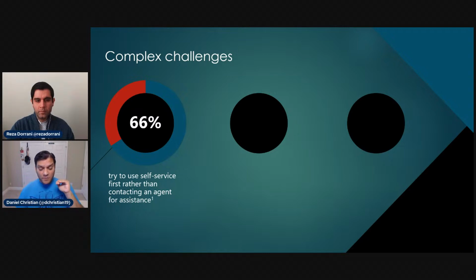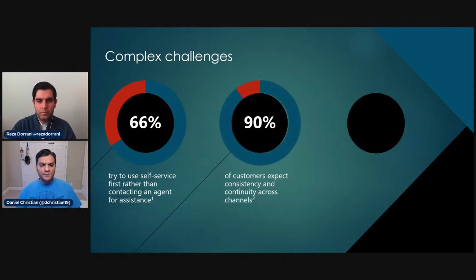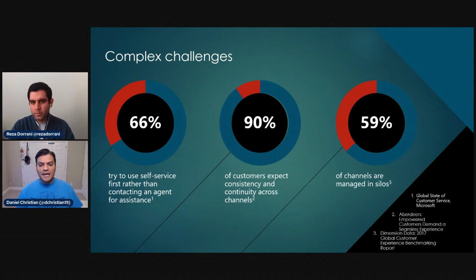It is already an important use case for having an agent, like a bot system, for some assistance. In addition, 90% of customers expect some kind of continuity across channels. Channels are not just Teams channels, but the different channels of communication and collaboration. That is again a very important number. And all these channels are managed in silos, which is also a very important point.